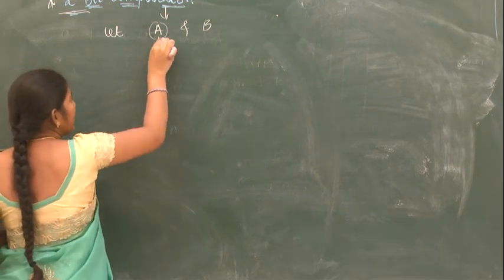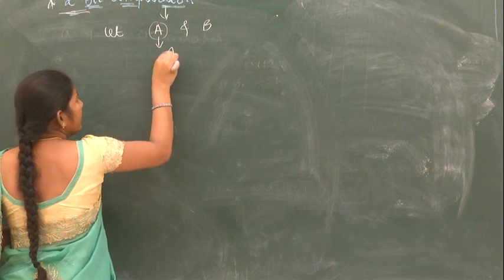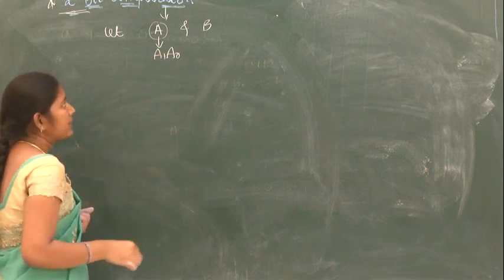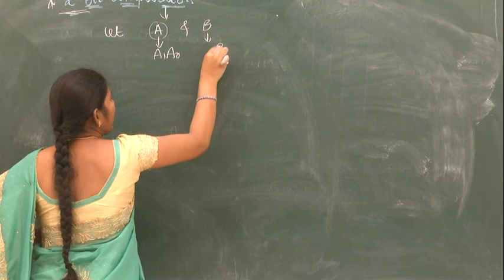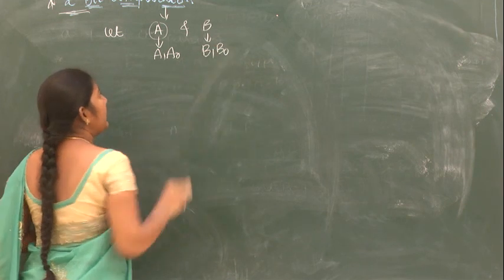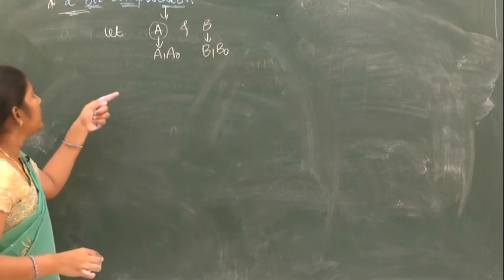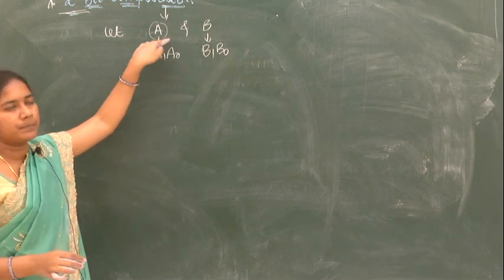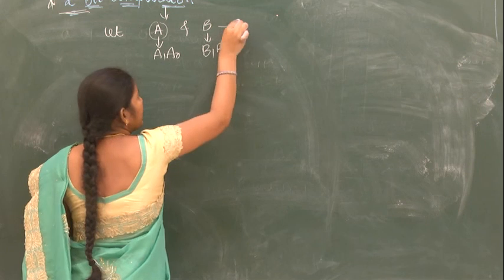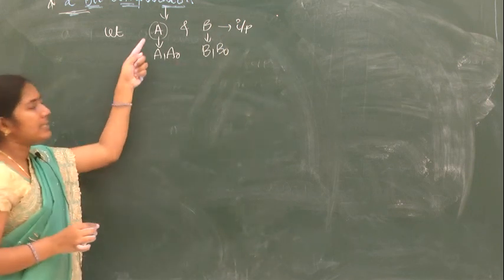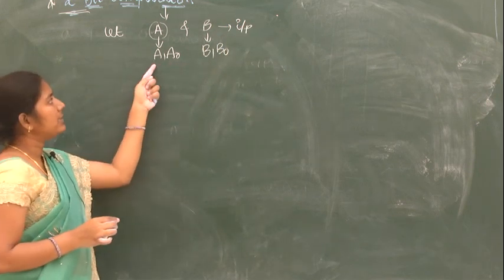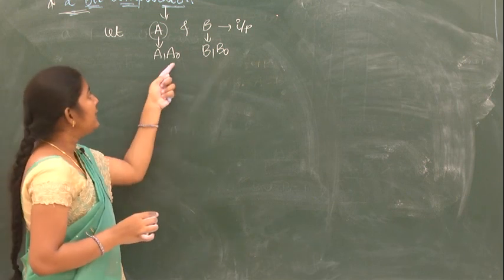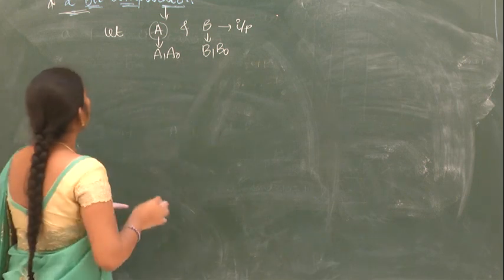So A is having 2 bits, A0 and A1. Similarly, B is also having B0 and B1. Here A and B are the two binary numbers, which are our inputs, and each binary number is having 2 bits, which we need to compare.